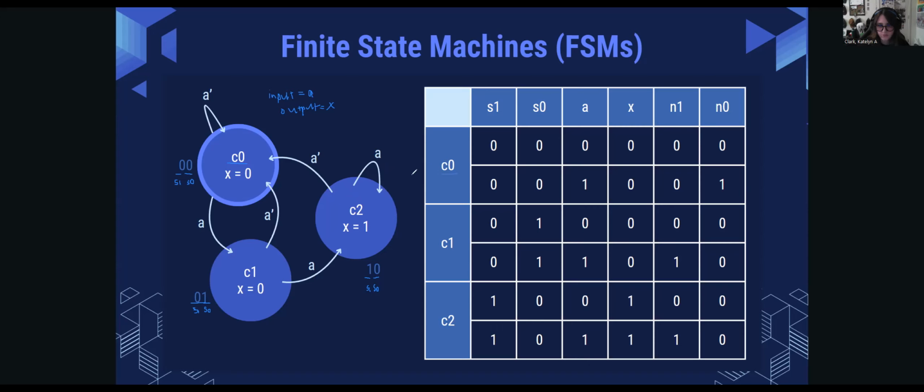Okay, we're at C0. At C0, my S1 and my S0 are 0, 0, because that is what C0 is. This is the current state you're at. So these are current.